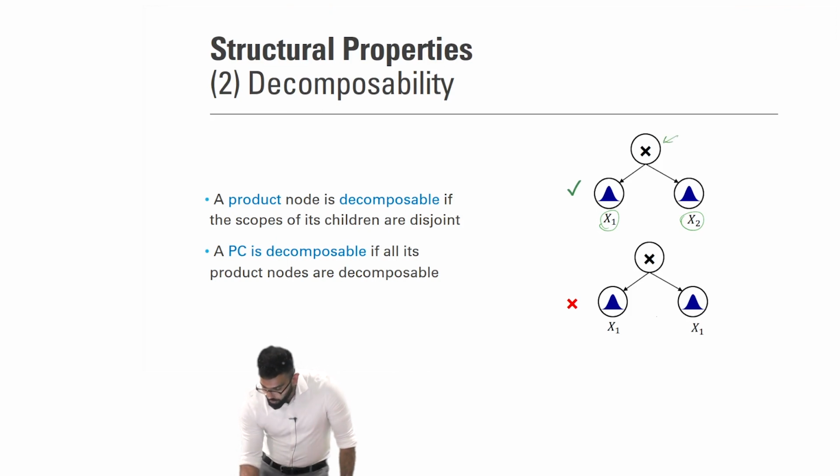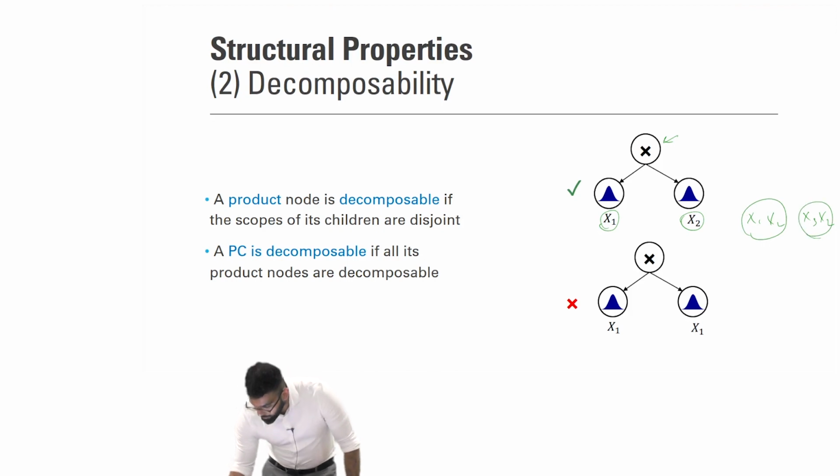In the case where you have overlapping sets of variables, let's take a different example. Let me say I have x1, x2, and x3, x2. This particular node is computing a function over these variables, and if I have a product node here, now I have an overlap of x2 in both.